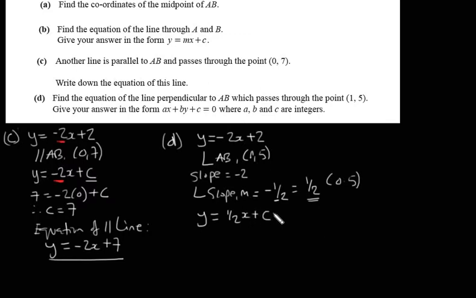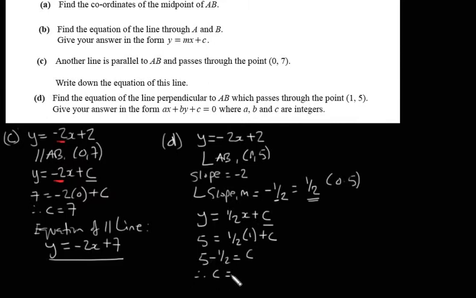plus c. Now let's substitute this point (1, 5), y is equal to 5 and x is equal to 1, in this equation to find the value of c. So 5 is equal to half into 1 plus c. So 5 minus half is equal to c.